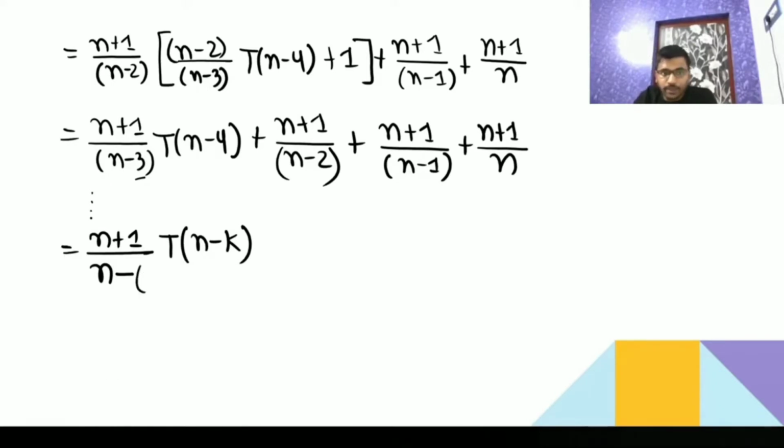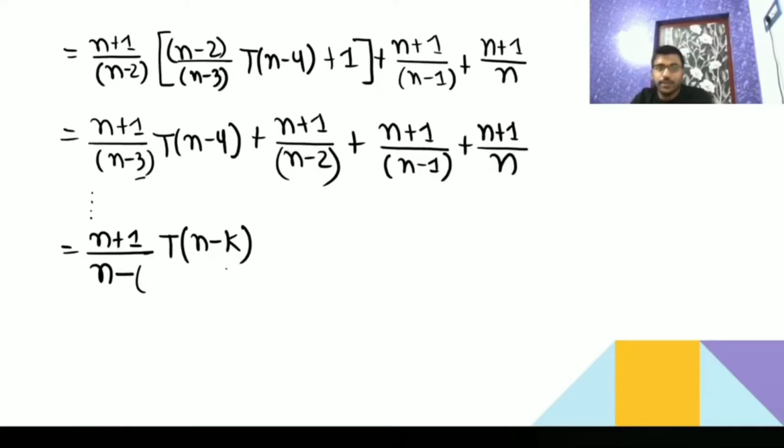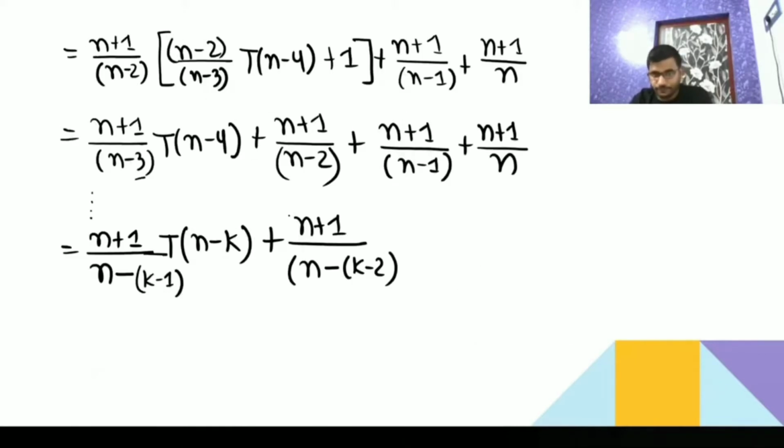See, always like this it is growing. See, n minus 2, then tn minus 3. If it is k, then 1 less, then here 2 less. So it will be k minus 1 in the denominator. Now plus (n plus 1) by (n minus k minus 2), because it's 4 then 2. Here, if it is 2, then 0, because you are going to do minus by 2.